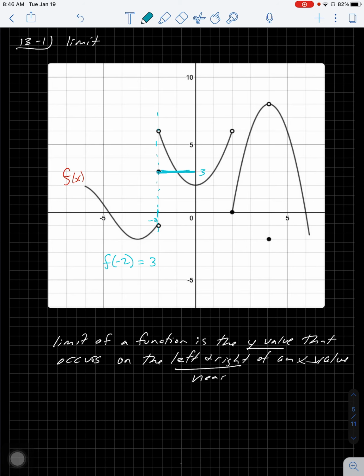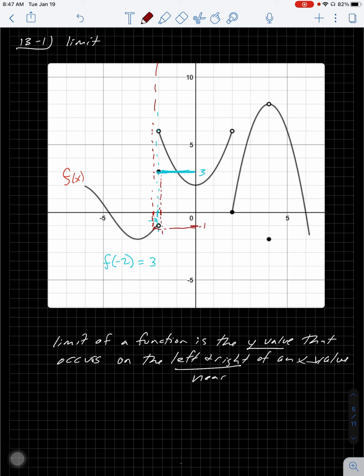Now let's look at the limit. If I look a little to the left of -2, I actually have to trace down to hit the graph, because if I'm tracing up, I miss the graph. See that? It doesn't hit the graph anywhere. So you have to go down. And I'm very close to -1 on the left. When I go to the right of -2, I can't trace down anymore because I miss the graph.